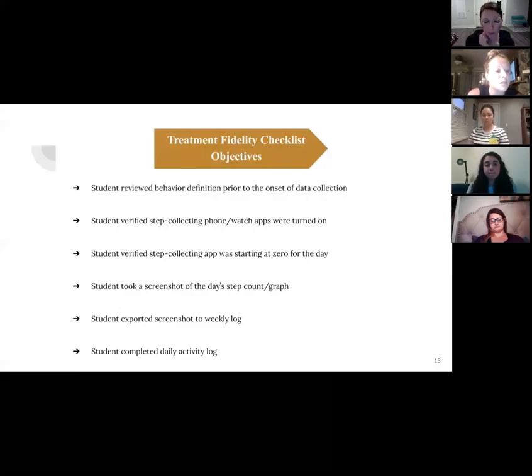Student took a screenshot of the day's count and graph. Student then exported a screenshot to the weekly log. Student completed the daily activity tracker log. All objectives by all participants were met during this study.